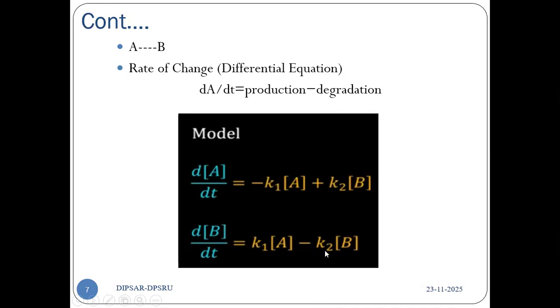The reason is that now B is converting into A, so the concentration of B is going to decrease and A is on the positive side. So that is the rate of change in the concentration of B, and the earlier equation represents the rate of change of the concentration of A, right?